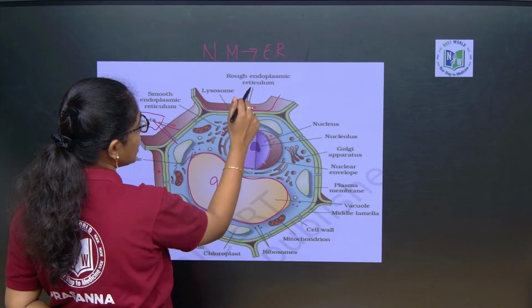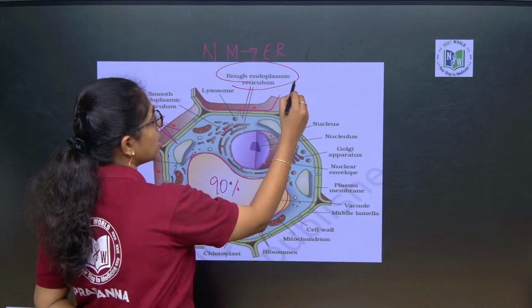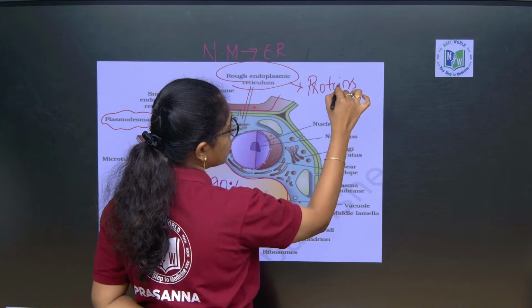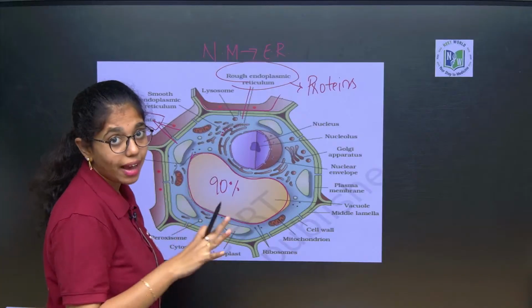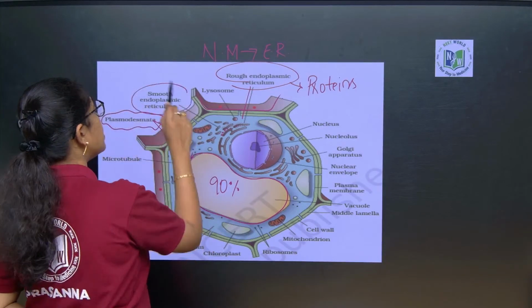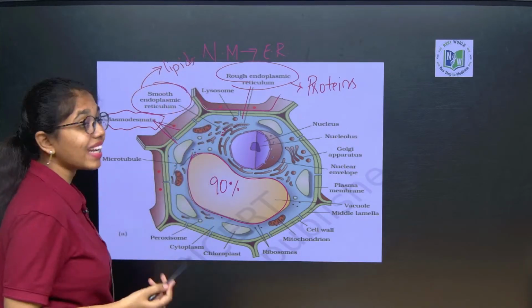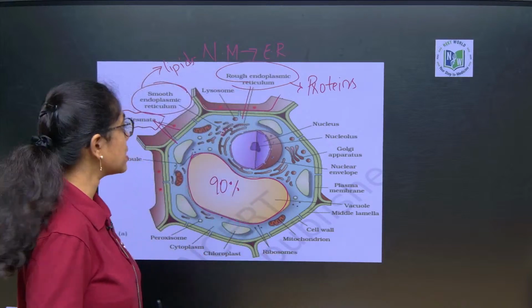They are helpful in the synthesis of proteins, whereas smooth endoplasmic reticulum, which does not have any ribosomes over it, will synthesize lipids. In animal cells, smooth endoplasmic reticulum will also synthesize steroids.